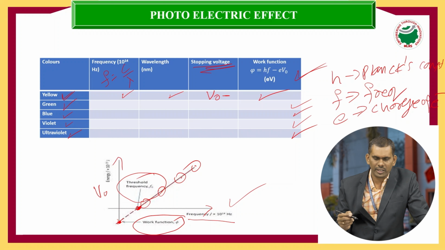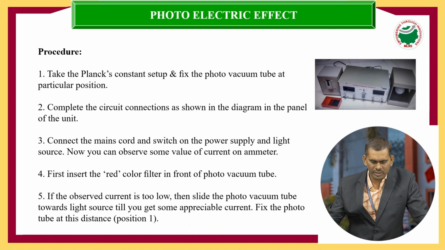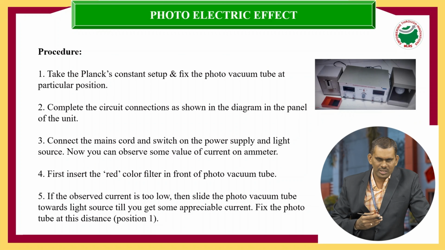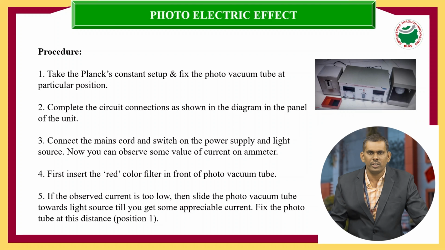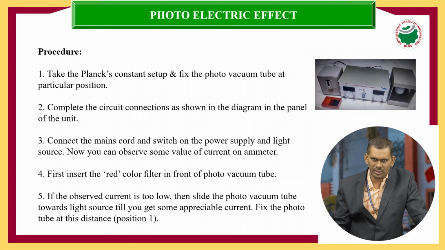So this is the way you can calculate the work function and threshold frequency of a given photocell device by conducting this experiment. And in the previous slides we have a step-by-step procedure, so how we can connect and execute the experiment, you can get the information from these points here.